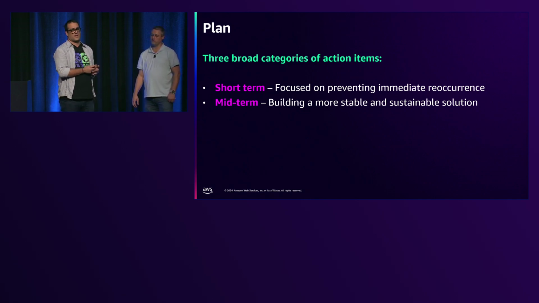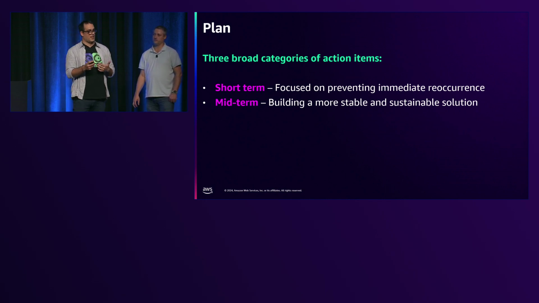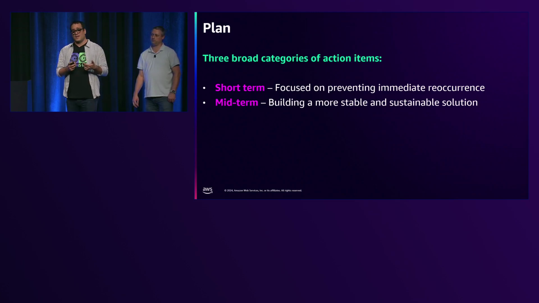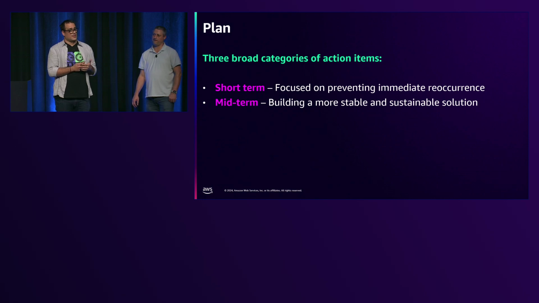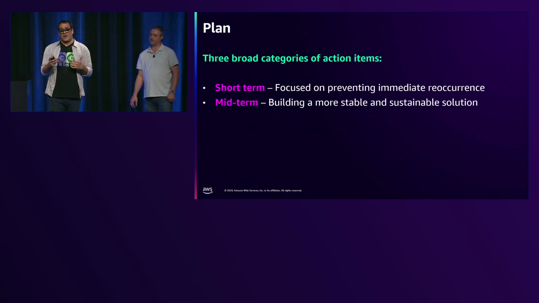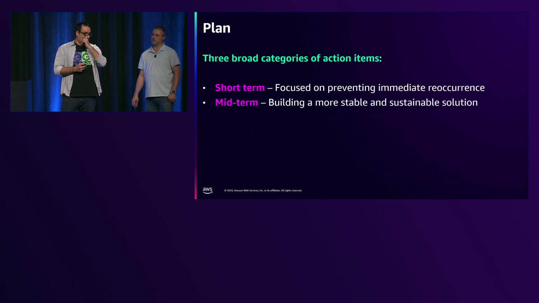Those were the action items that Gavin was talking about in terms of we don't consider the event closed until they are delivered. They are generally focused on preventing the immediate recurrence of an event, and they might significantly increase the operational load. So sometimes we make alarms more sensitive. Some other times we change the run books, and they are good enough for short term, but we need something better. The intermediate category is mid-term action items.